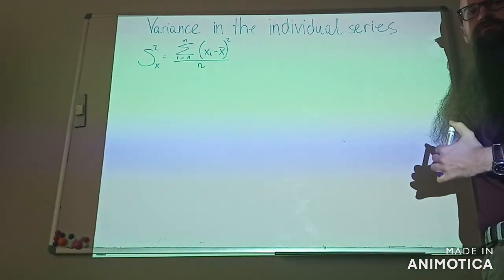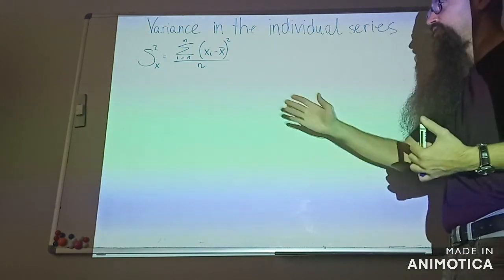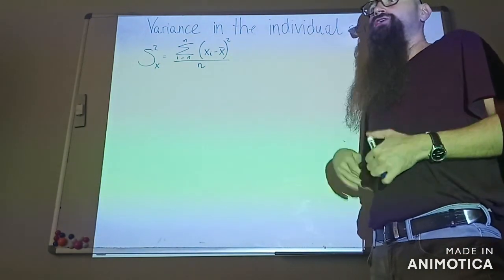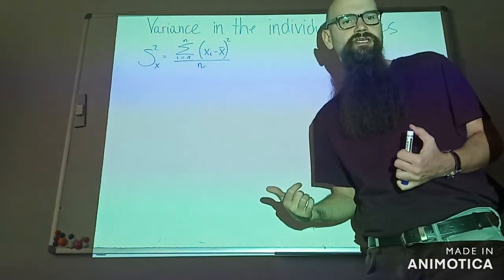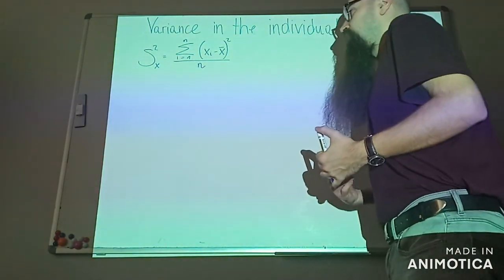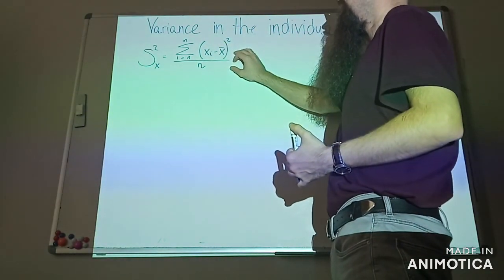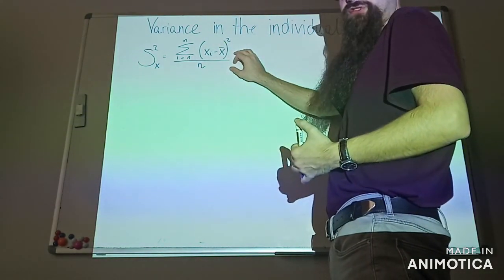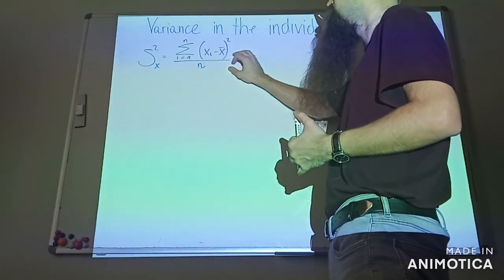Alright, and now it's the right time to prove the correctness of the previous relationship, the correctness of the transformation of the variance formula. In order to prove that, we are going to use the short multiplication formula.